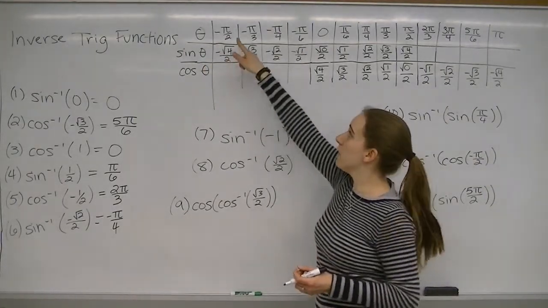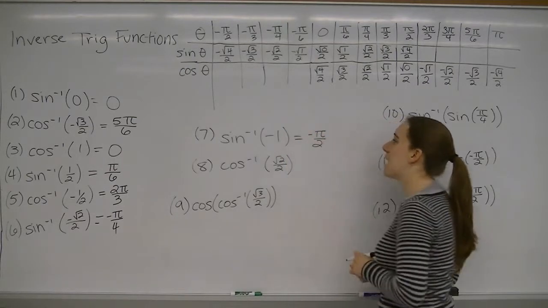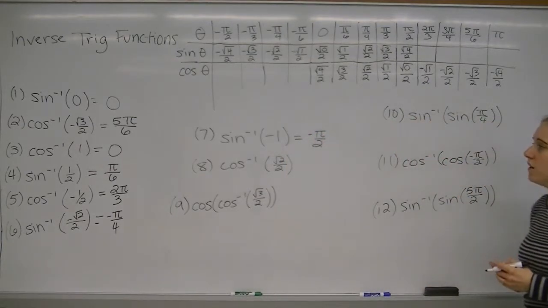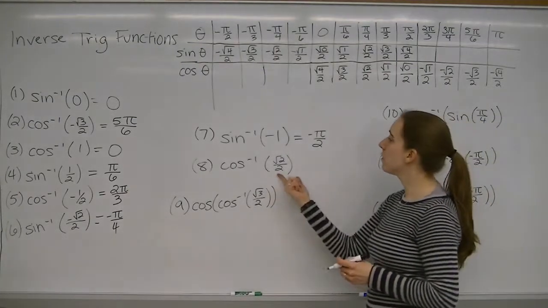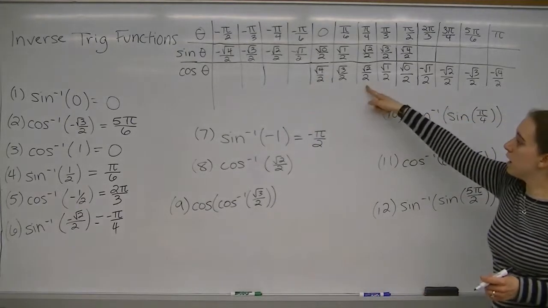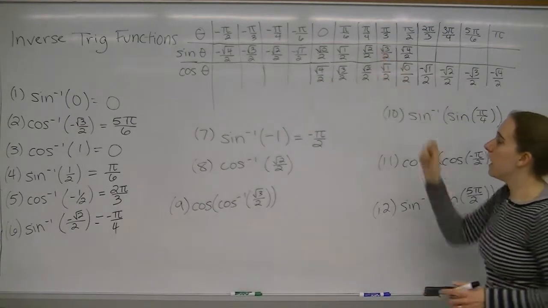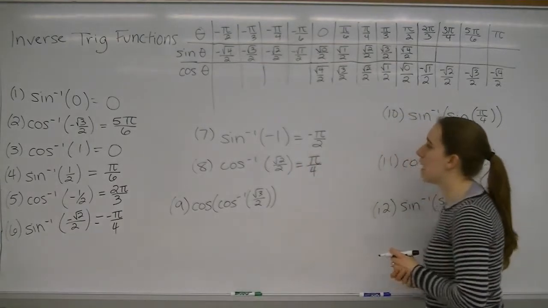That's where it happens. It came from negative pi over 2. So that's my output to sine inverse of negative 1. What about cosine inverse of root 2 over 2? So I follow this row. Here's root 2 over 2. It happened at pi over 4. So that's my output.